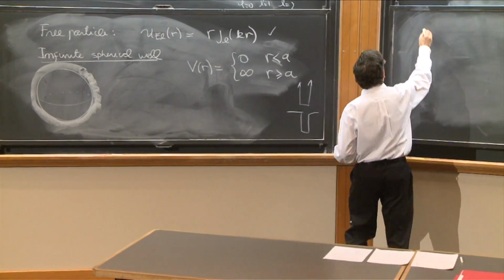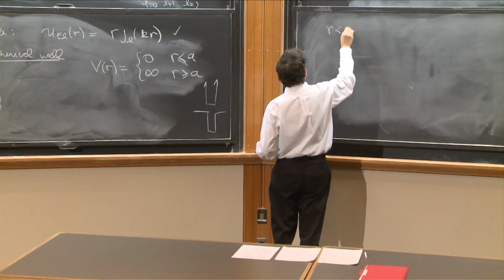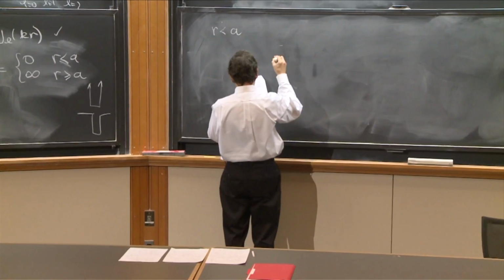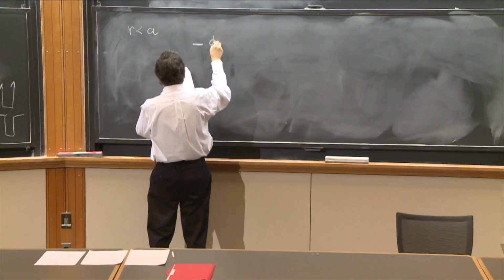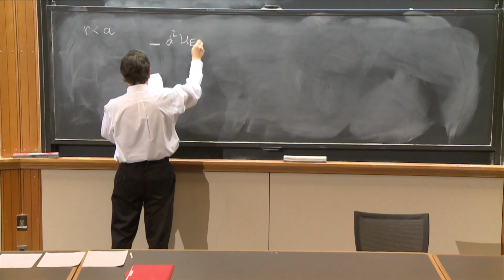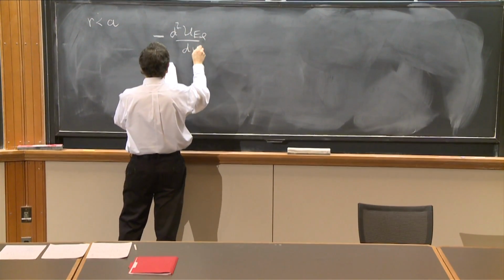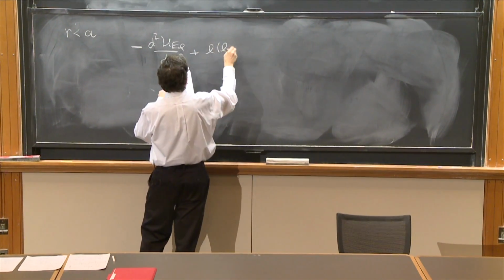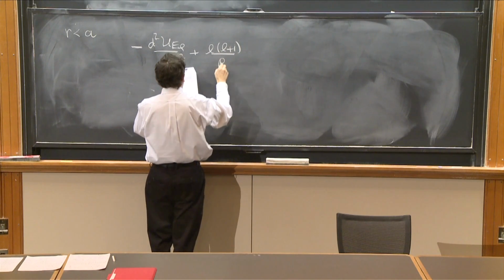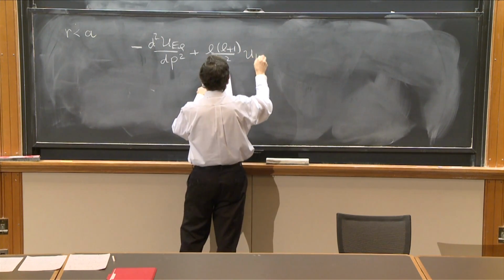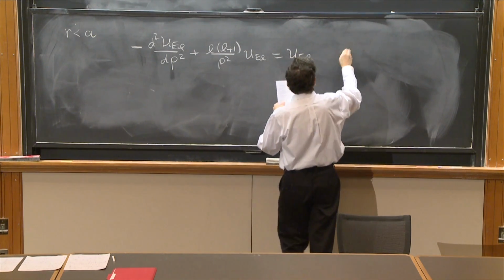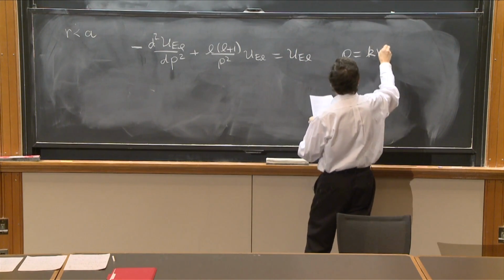So r less than a, you would have minus d second UEL over d rho squared, actually, plus L times L plus 1 over rho squared UEL equals UEL, where rho is equal to KR.